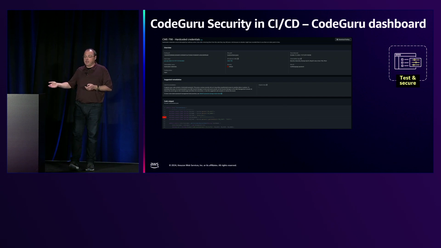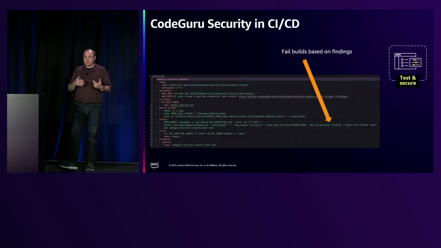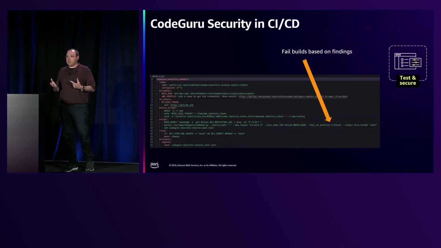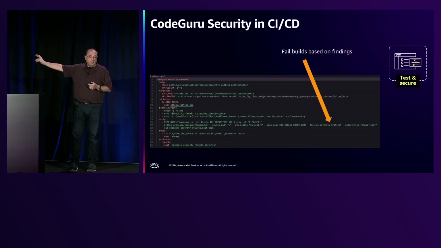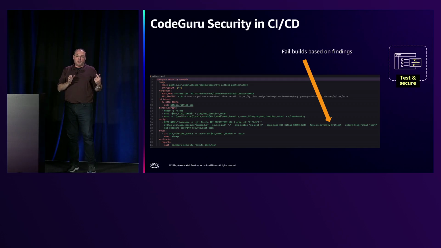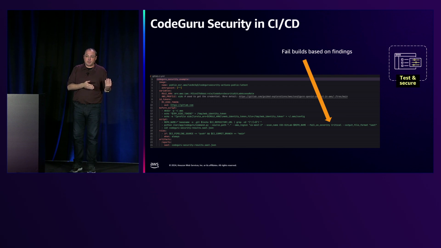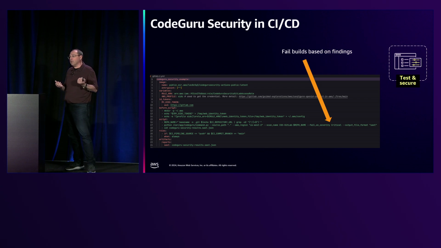Within CI/CD, we want to be able to potentially block on different finding levels. So in this particular case, I've got GitLab CI. This is an example of GitLab CI. And here we're using the CodeGuru Security image, and we've decided to fail on security level critical.